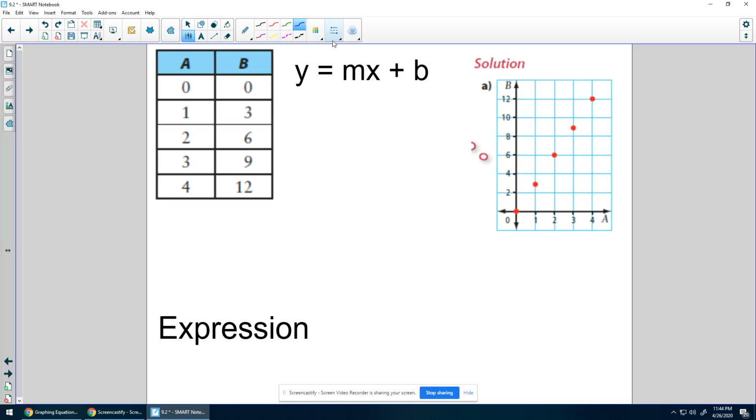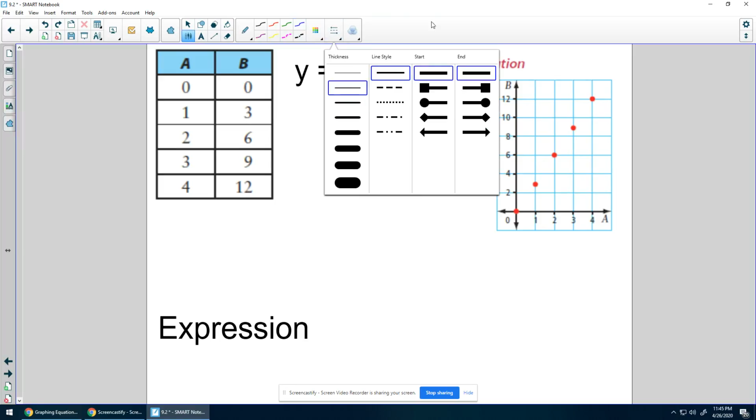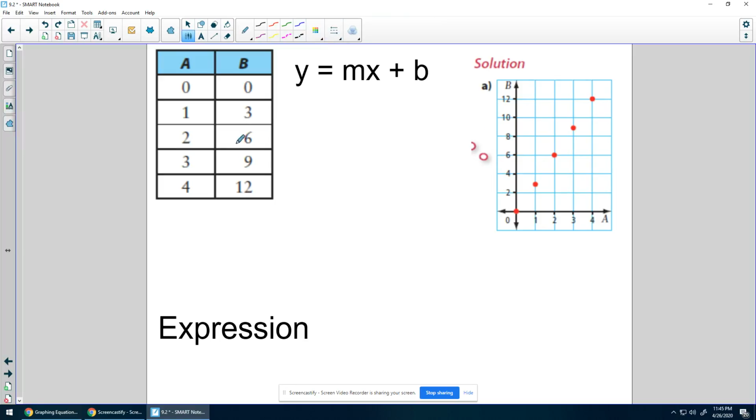Okay, so step 1. We'll just rewrite this so that we recall y is equal to m, which is the change in y over the change in x, times x, that stays, plus b, which is the y-intercept.